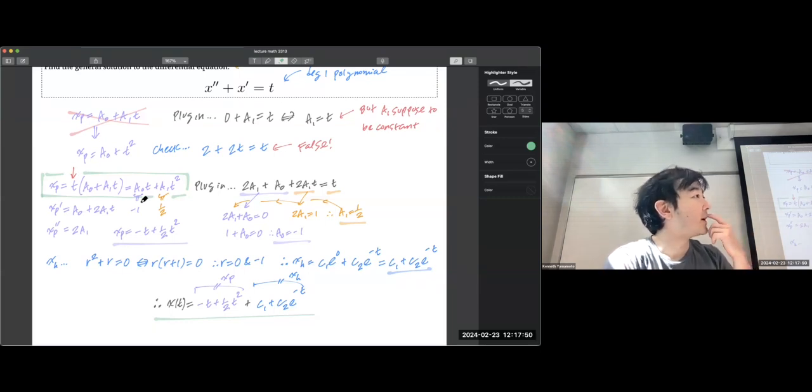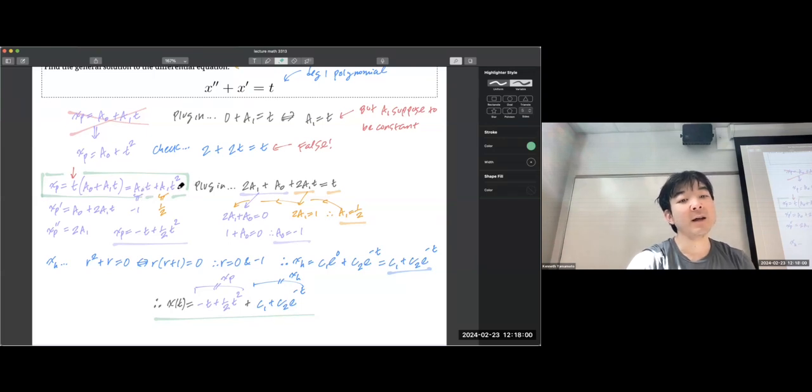It's not uncommon for people to ask, could we have just added an a2t squared term? That would have worked too, because it's basically just adding another constant term, and given the work we had here, that additional coefficient would have just been 0. You could check that on your own.